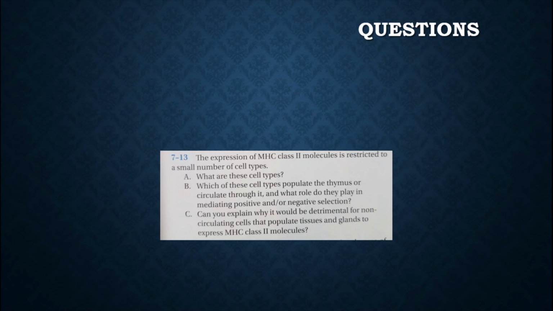The cortical epithelial cells mediate positive selection and somewhat negative selection, and the macrophages are more responsible for clearing the debris. And just to add more layers, the macrophages and dendritic cells play a role in negative selection primarily.